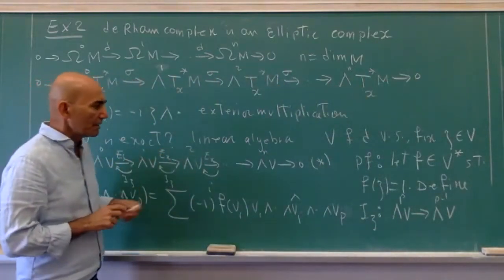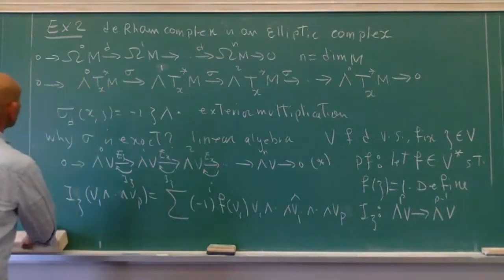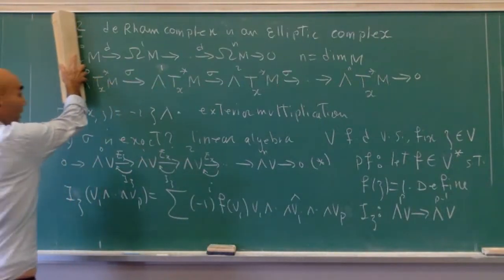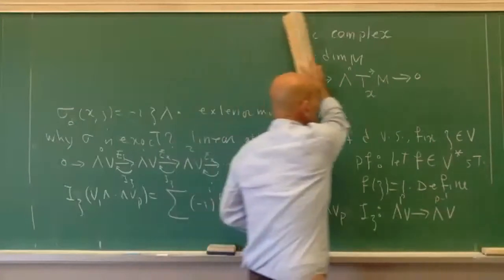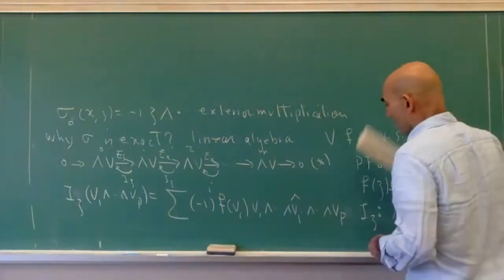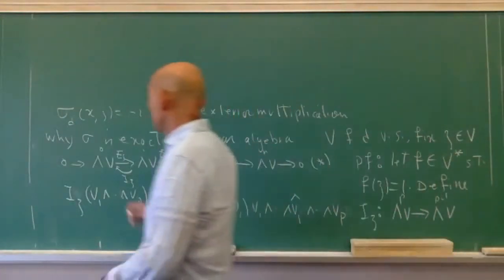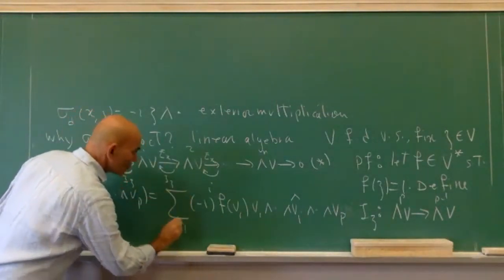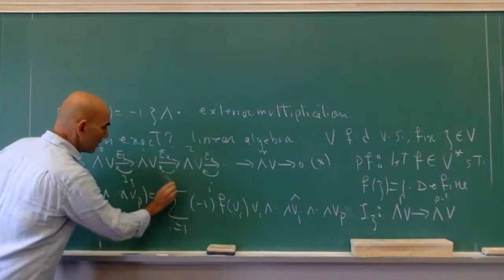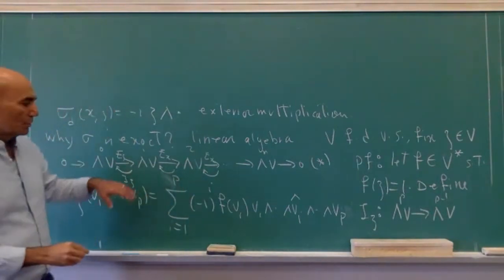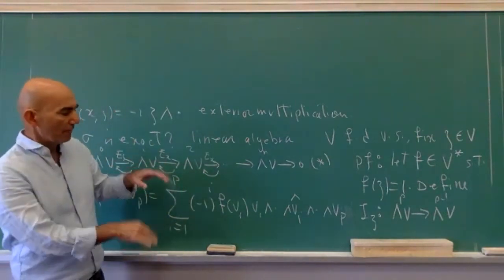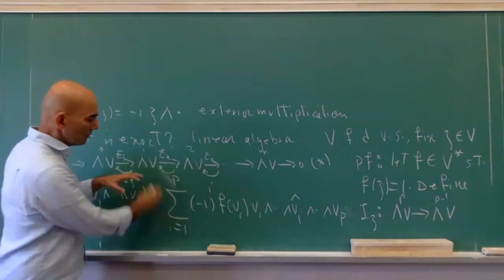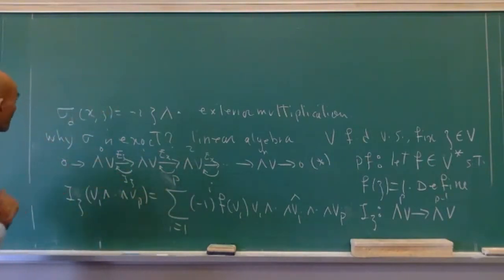Now the thing is, it has this nice property that you can check. That's the most important property. So here i of course should go from 1 to p. You have a deletion of v1, v2, up to vp, all of them. So there are p terms here, so I alternate.